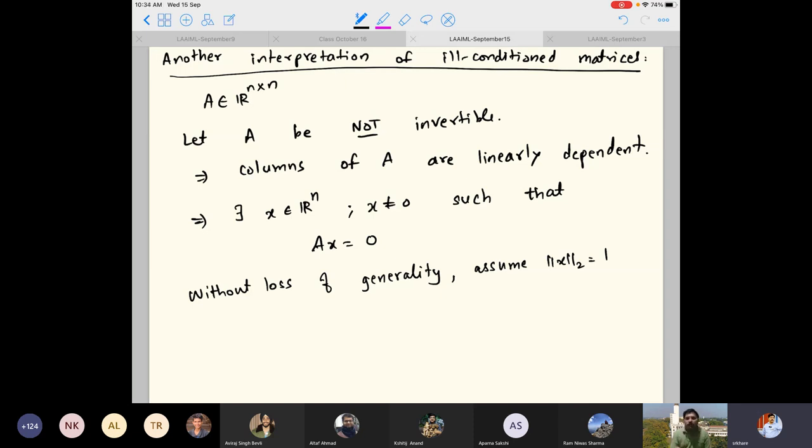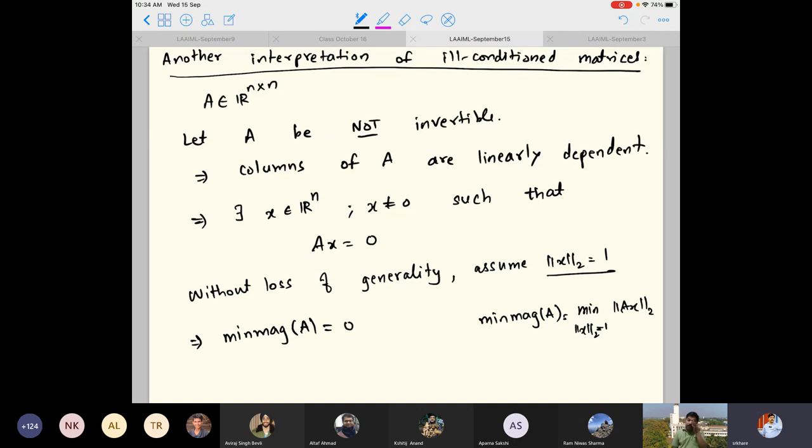But what does that mean? That really means that the minimum magnification of A is equal to 0. You see, the norm of x is equal to 1. What is the definition of minimum magnification? The minimum magnification of A is the minimum over norm of x equal to 1 of the norm of Ax.